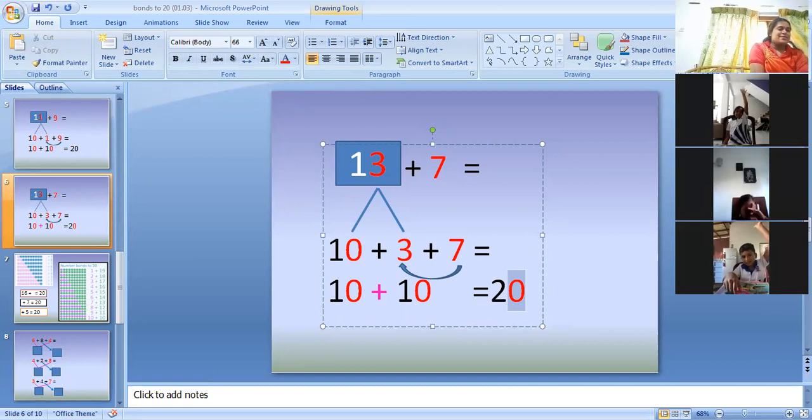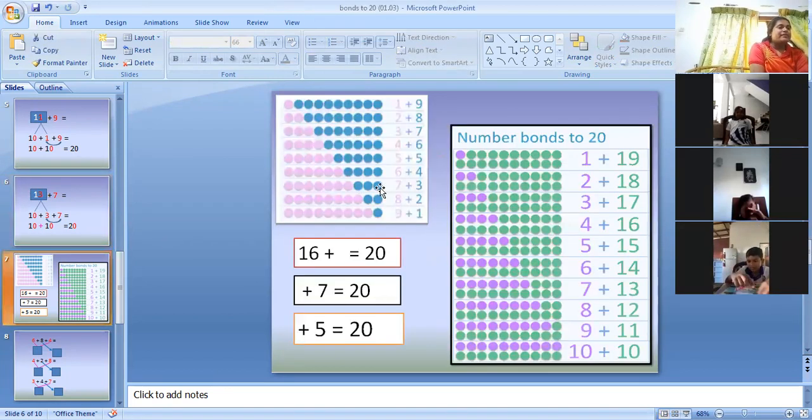Yes. Very good. Now here, this is our today's lesson. Today we are going to learn number bonds to 20. If we know number bonds to 10 and 20, it is very easy to do smaller sums without doing calculation. The main thing is we should know the bonds to 10.